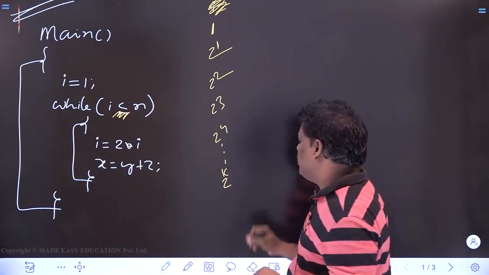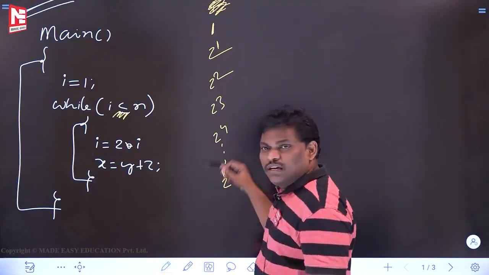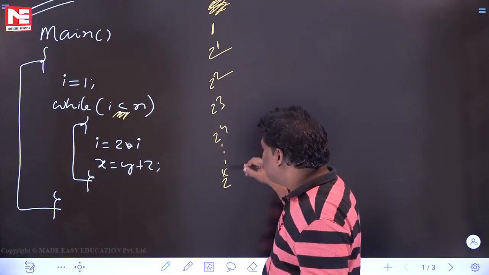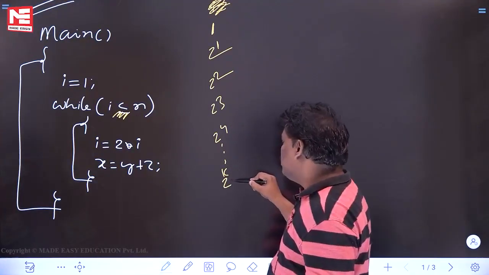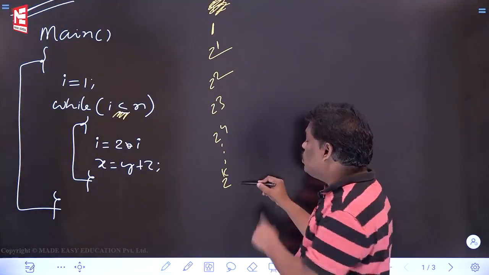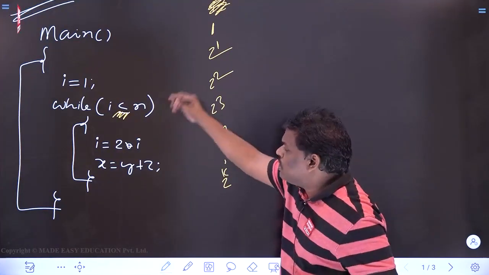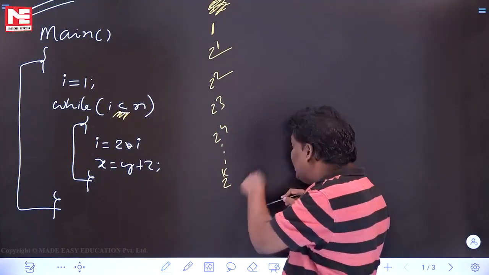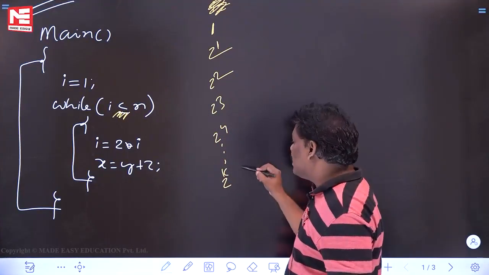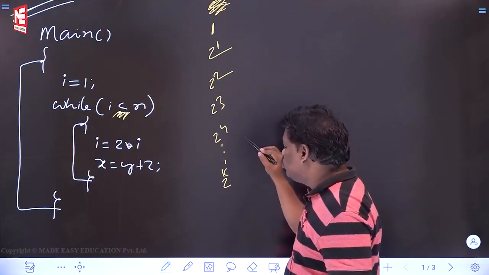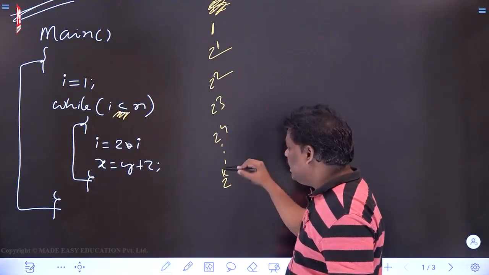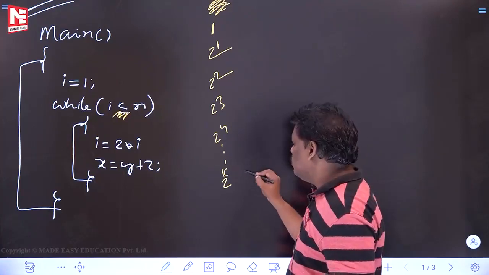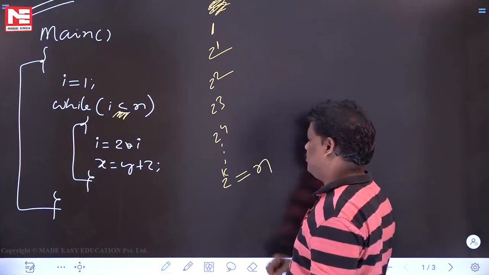If you do it k times, i is incrementing and its value becomes 2 power k. Some people are asking, after k times why are you stopping? This loop continues, and after doing k times, this became 2 power k, but I am stopping. What is the reason? After completing k times, I got i value 2 power k, which is equal to n.